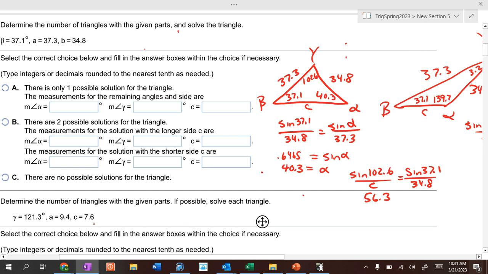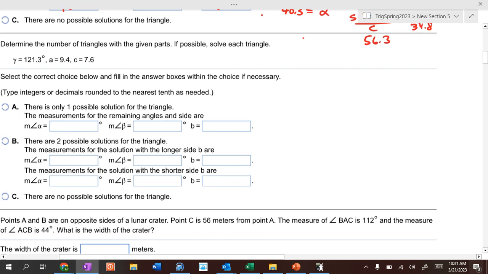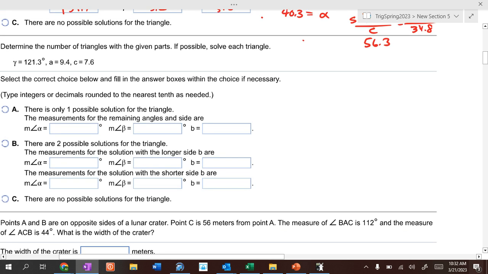So we get 3.2, 3.2, which is odd, and 139.7. And over here, we get 40.3, 102.6, and 56.3. Okay? All right. So that's not fun.